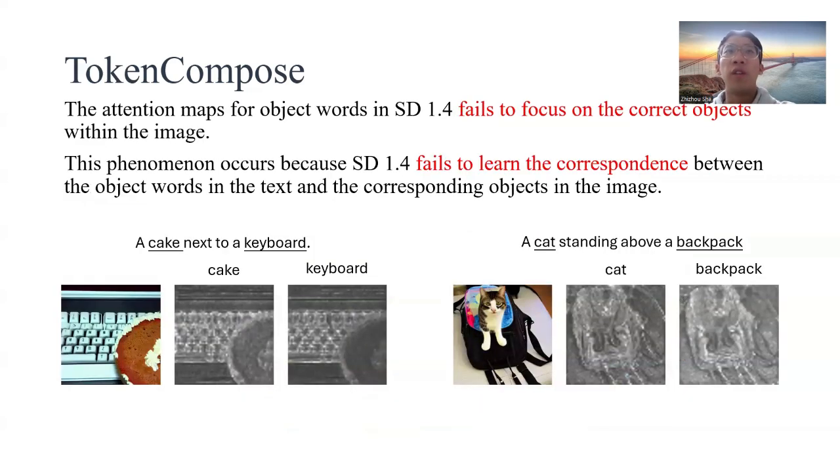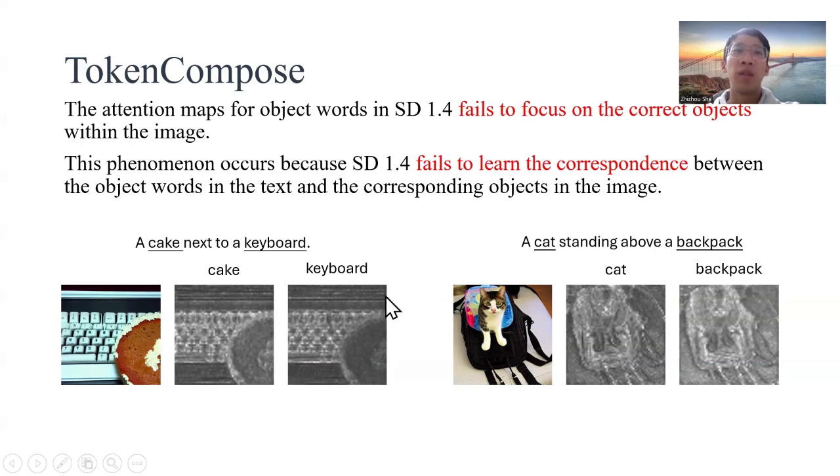First, we analyze why this phenomenon happens. We start from the cross-attention map. We extract the attention map of the instance word from the text prompt and visualize this attention map. The result below is from Stable Diffusion 1.4. For example, in the left figure, the attention map of the cake does not focus on the cake in the image, and neither does the keyboard.